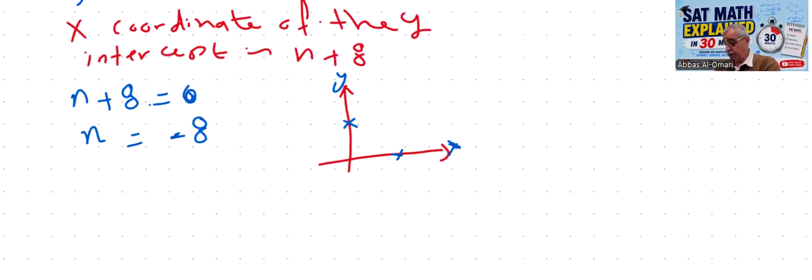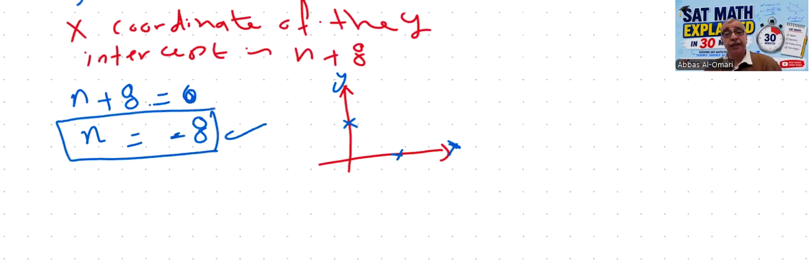Now we want to substitute x and y into the general form of the straight line equation, y equals ax plus b, and obtain 2 equations. From the first point, x is n minus 4 and y is minus 5.